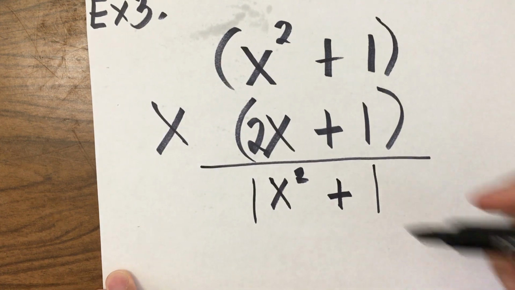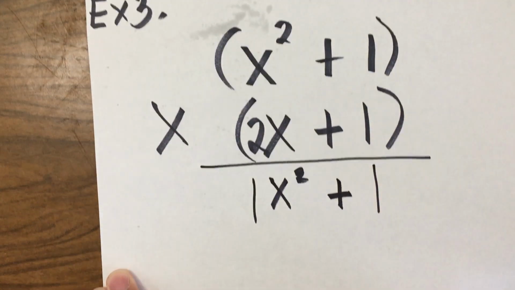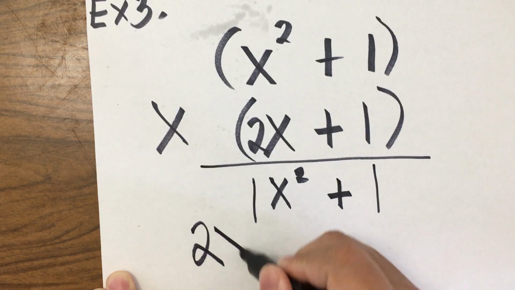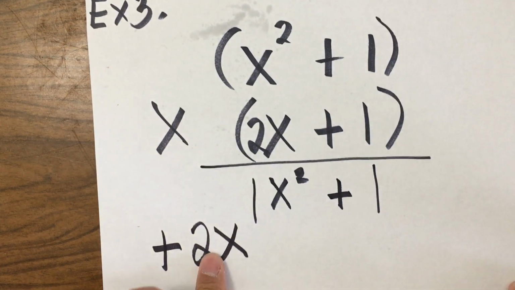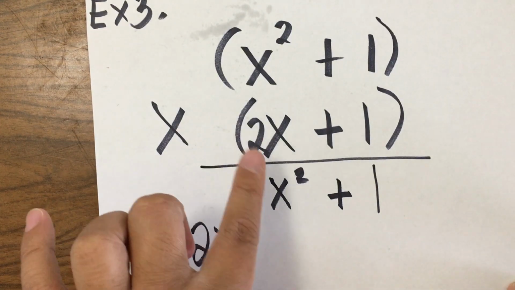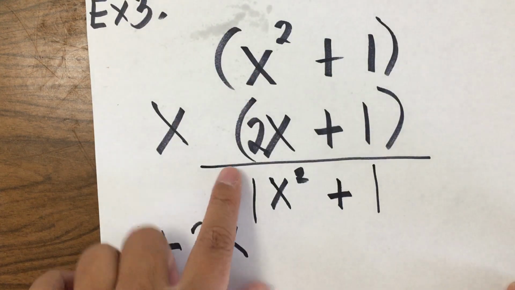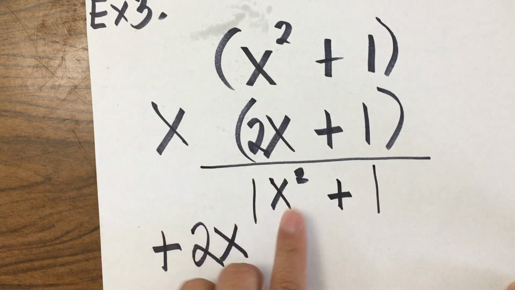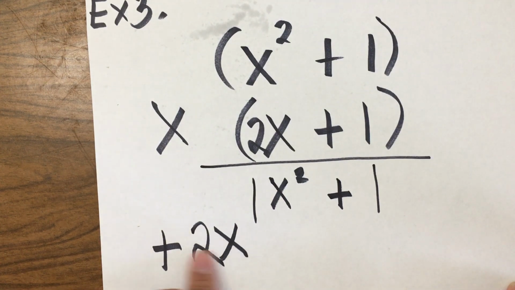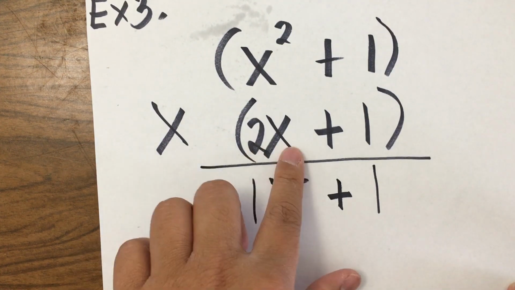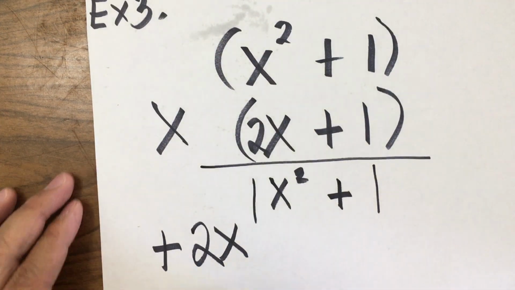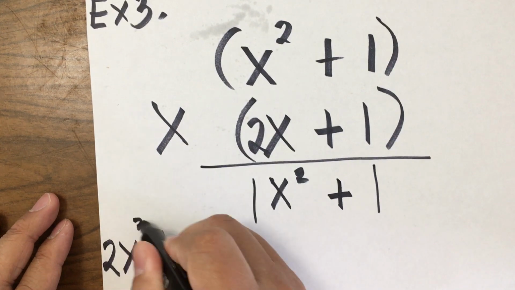And then we have 2x plus 1. So 2x is 2x. So you could write 2x in here. Why did I write it in here? Because they are actually not the same with the exponent. So I just draw it so it won't confuse me. And then 2x times x squared is 2x cubed. So I just write 2x cubed in here.